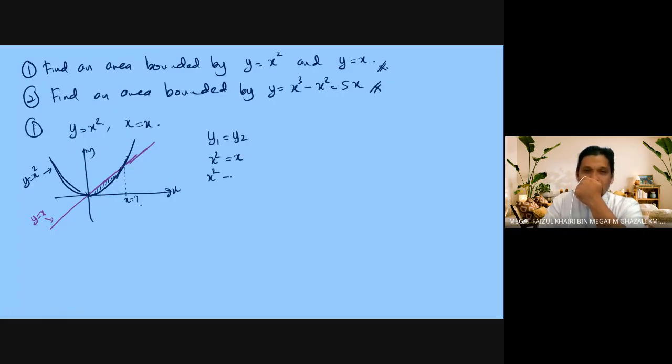Then x squared minus x equals 0, x times x minus 1 equals 0. So x equals 0 and x equals 1. So this is x equal to 1.